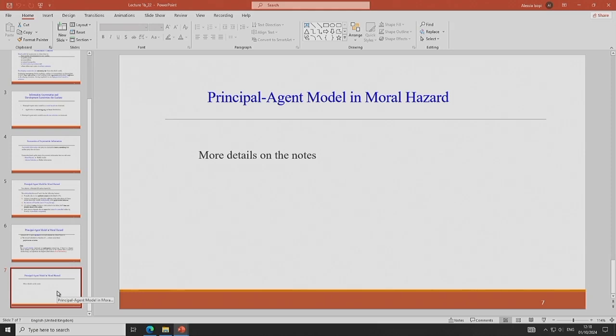Now, we have talked about a timeline. We talk about the bargaining power. And I said to you already that the only option that the agent may have is to reject or accept the contract, but not changing the terms. So let's see the timeline. How does it work?